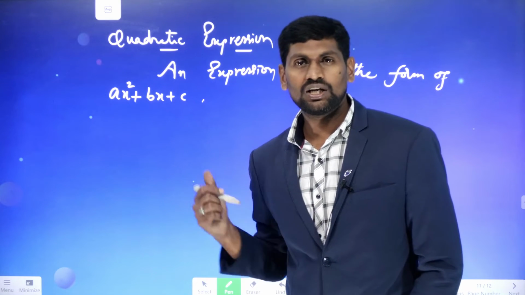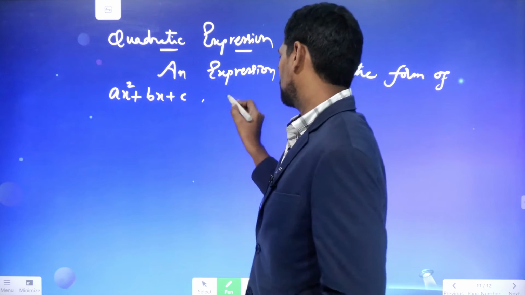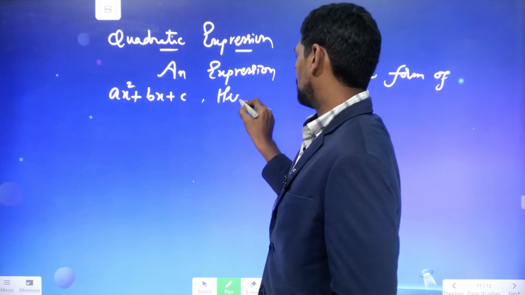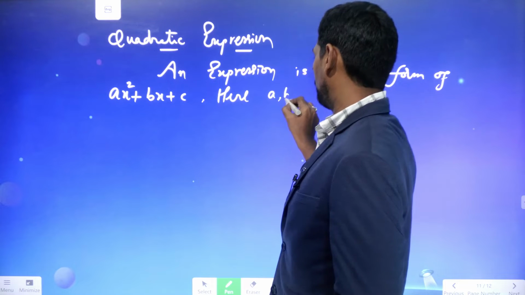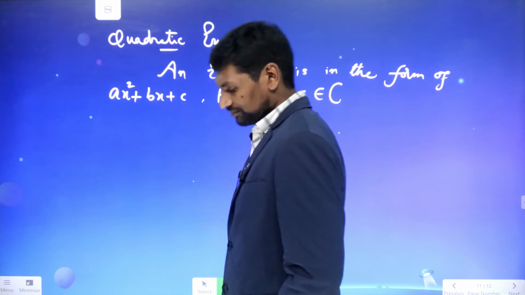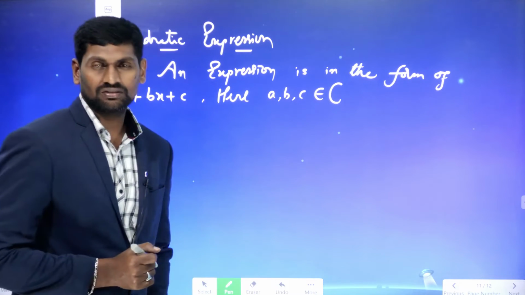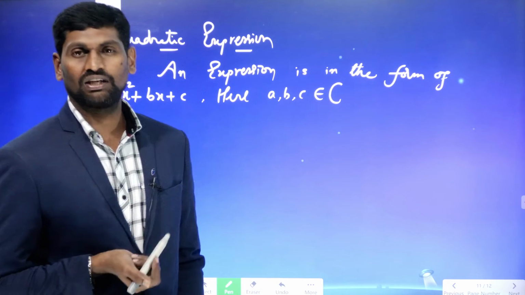Here a, b, c are called arbitrary constants. So all of you write here: a, b, c belong to C, where C means the set of complex numbers, or you can take R also, real numbers.